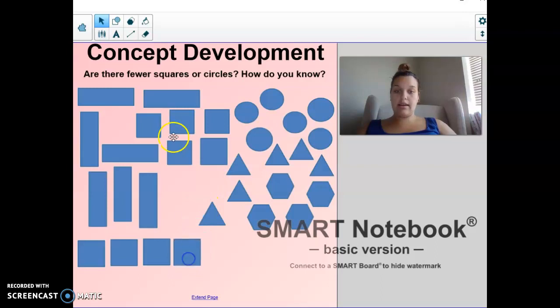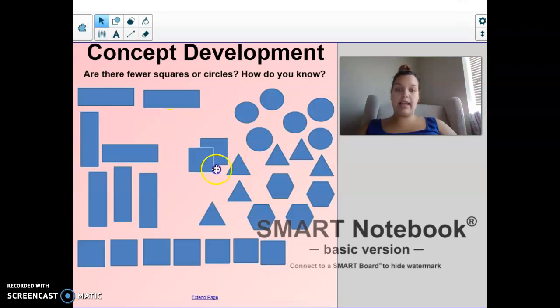There are a lot of squares, aren't there? As I'm dragging down the squares, you can count them. Remember that little square's over there.